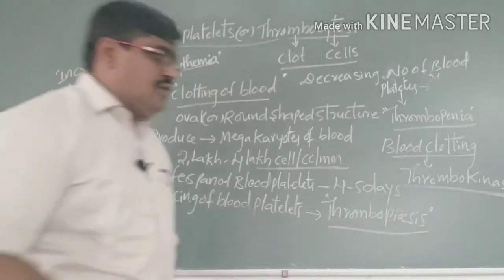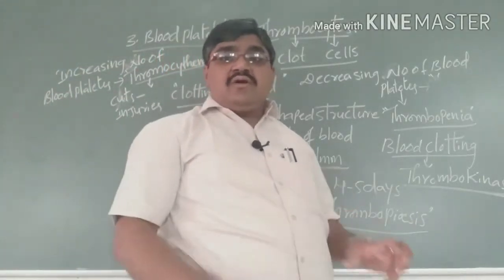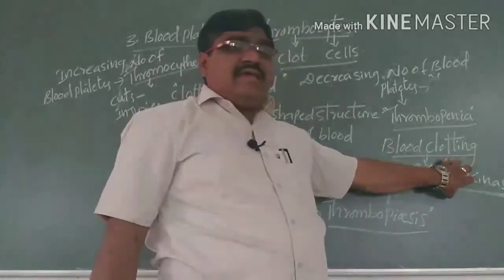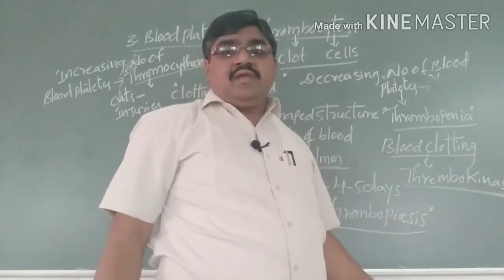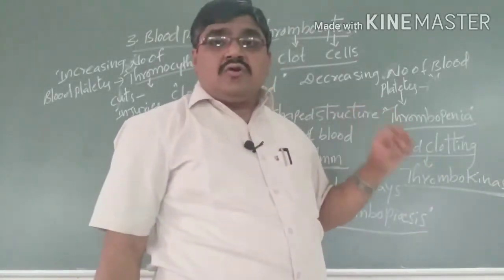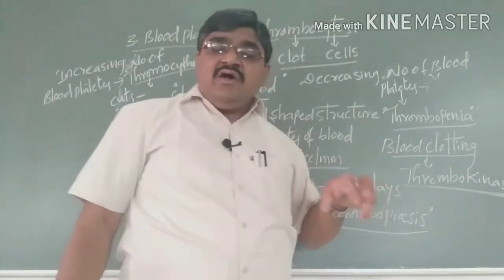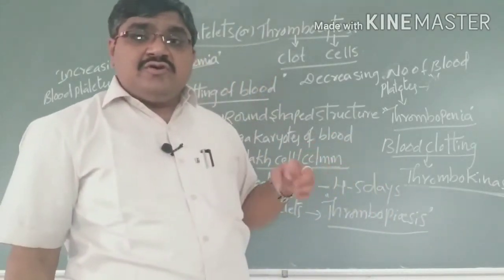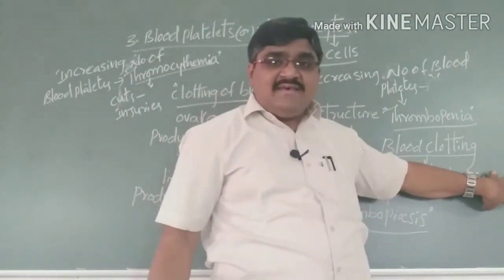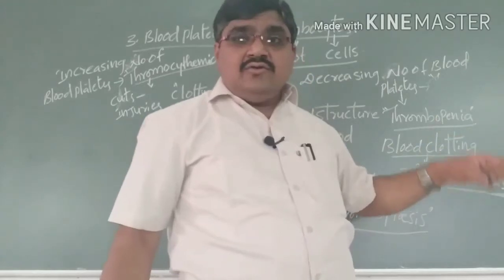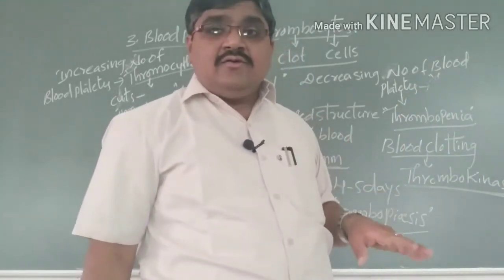Along with thrombokinase, calcium ions are also important, where thrombokinase produces thrombin from prothrombin. Prothrombin is produced by the liver, and in the presence of thrombokinase it converts into active thrombin.